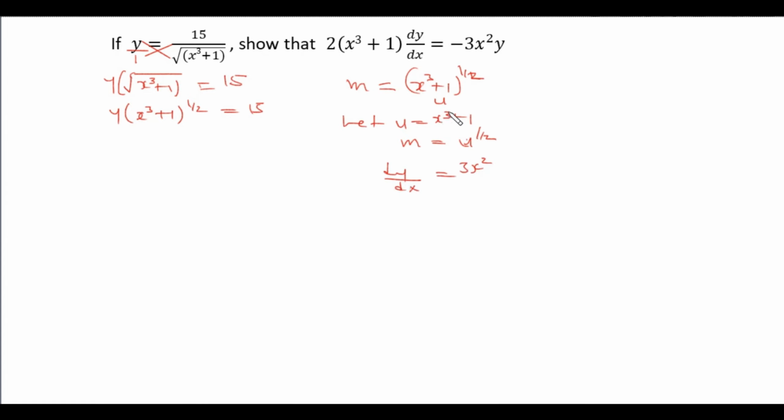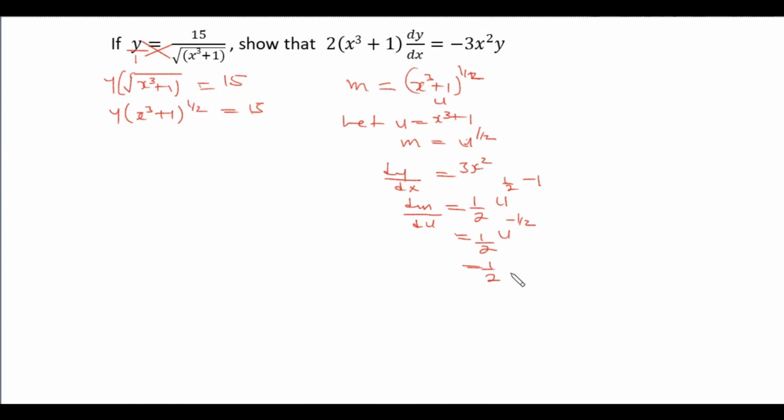Then dm du is equal to half, multiply down, it becomes half u, and then half subtract 1 gives half u raised to the power minus half.